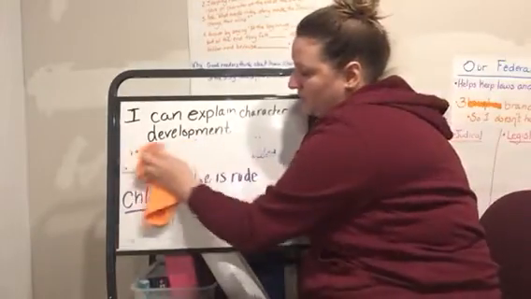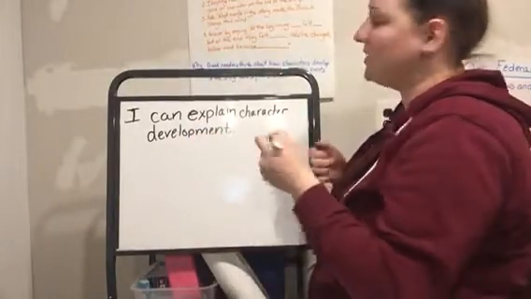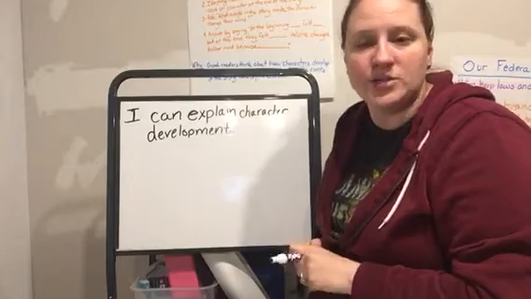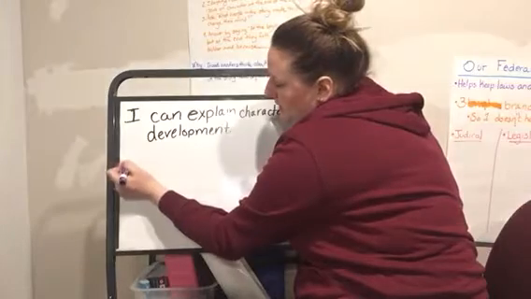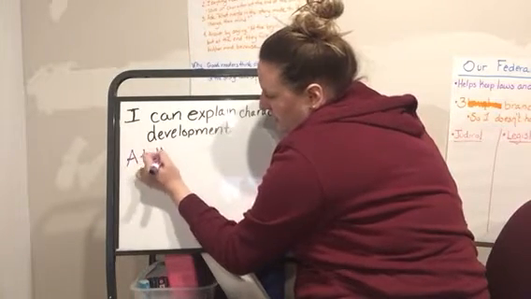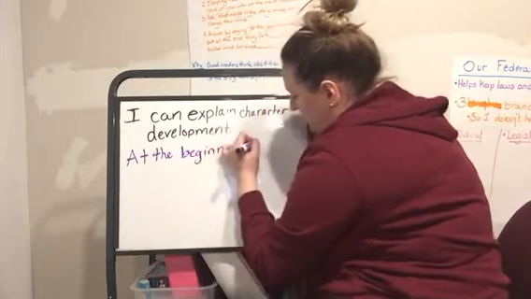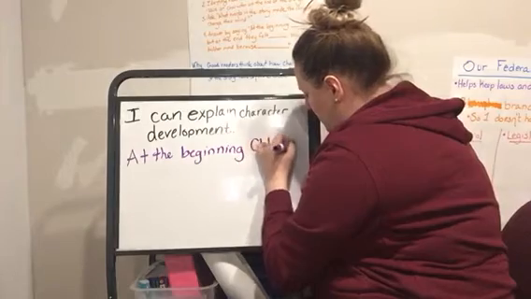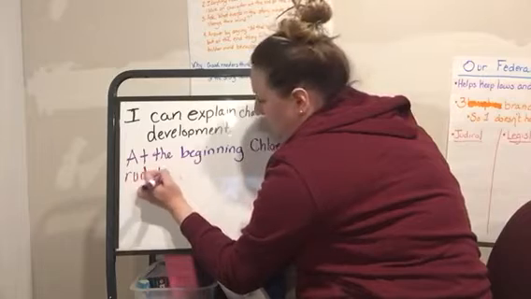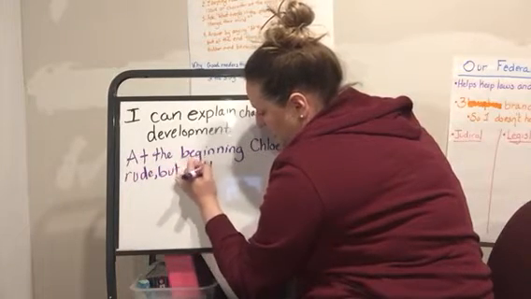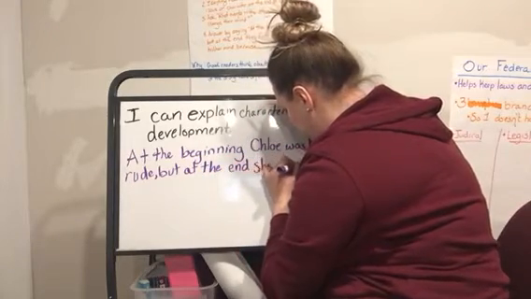So now this is going to be your turn to explain character development. So I'm going to write what I want you to do, and you can either do this in Google Classroom if you are from my school, or you can do this in the comments for me. So all you need to write is, at the beginning, Chloe was rude, because that was the word we said, but at the end, she was blank.